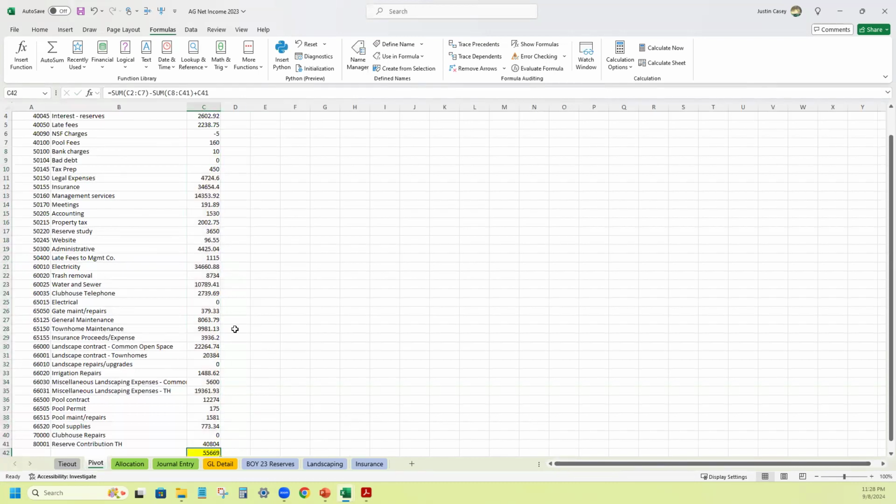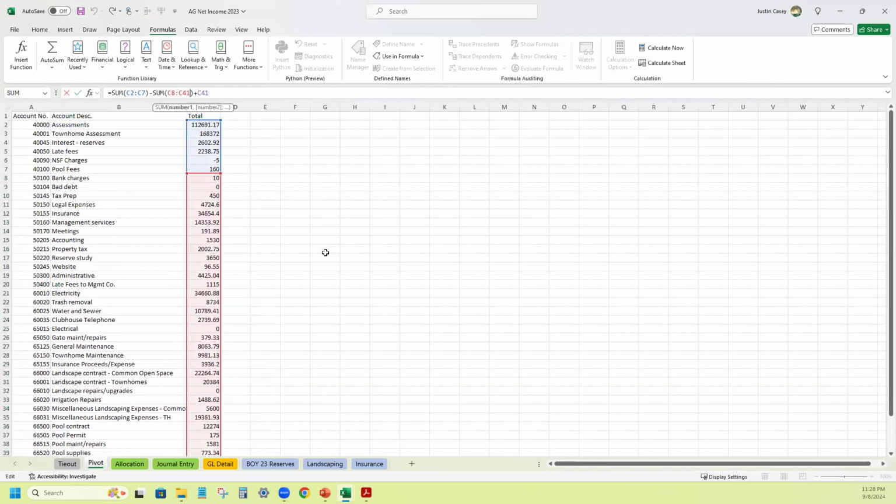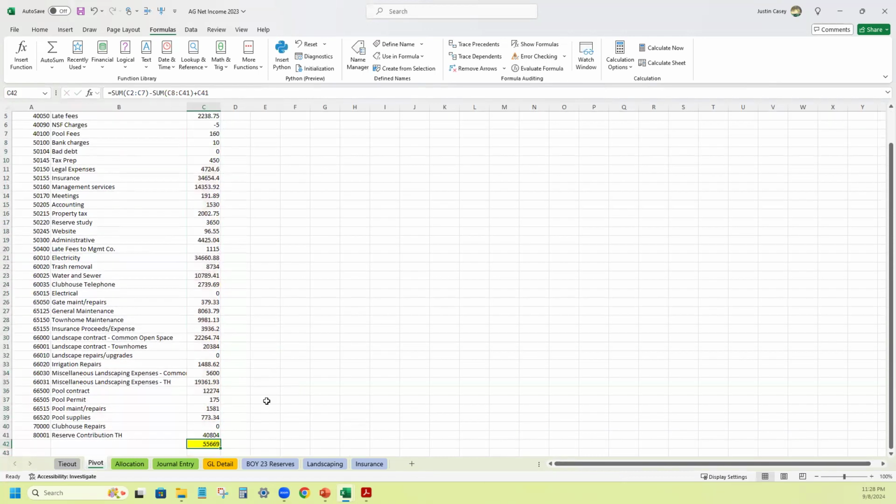And again, the reserve contribution is just a transfer from the checking account to the savings account. It's still money that's owned by AOGA Inc. It's not a cash outflow, so to speak. So we just add that back in the calculation.